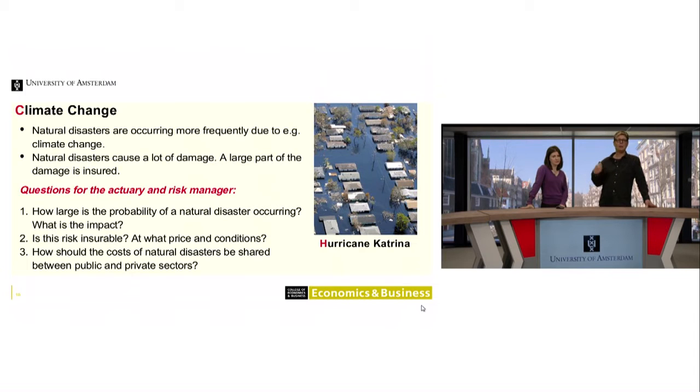So why should private people pay for the full cost of the damage done to them by weather conditions? Shouldn't it be the government or other institutions? So these are challenging problems, the problems that we face on a daily basis, basically.